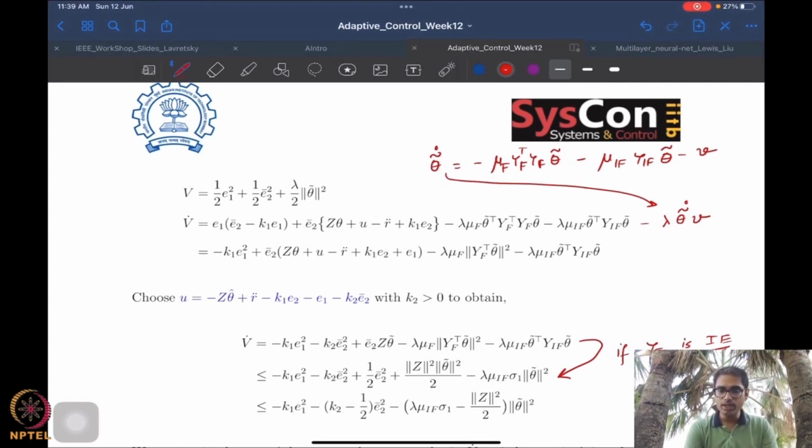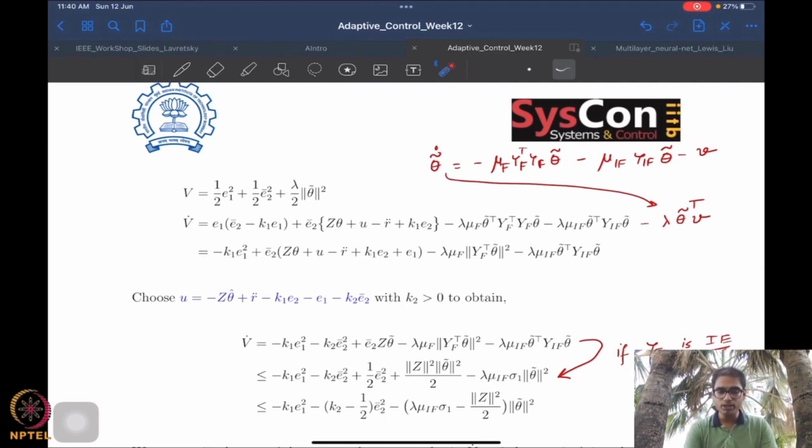Okay, so this is what we assume. So this is actually, I'm sorry, this is theta tilde transpose v. Okay, so this is what we have as an additional term, if I think of introducing another additional term in the parameter update law.